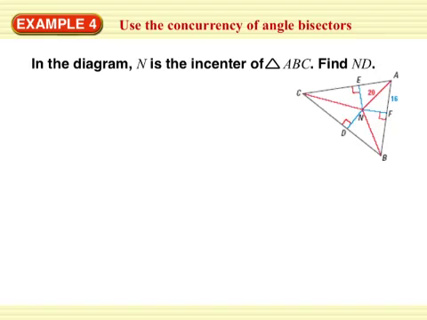In the diagram, N is the incenter of triangle ABC. Find ND. Okay, we're going to have to use the Pythagorean theorem again. We're going to find ND, so that is right here. Okay, we know that triangle NAF, let me draw that out.